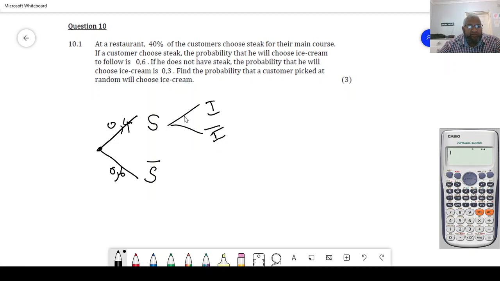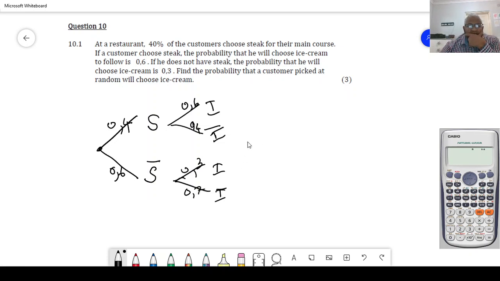Ice cream comes in at 0,6 and not ice cream is of course 0,4. Then if the customer does not choose steak, which is this branch here, the probability that he will choose ice cream is 0,3. So you've got ice cream and not ice cream: 0,3 and not ice cream is of course 0,7.